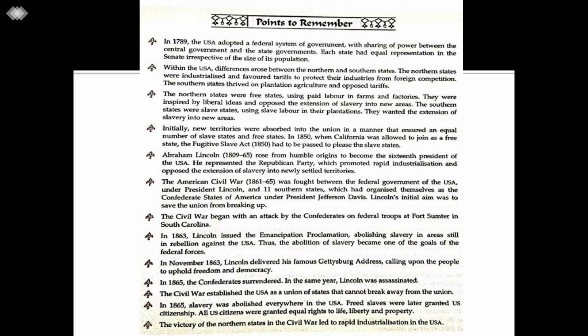Before concluding, you need to understand some of the points to remember which were included in the video previously. Go through them properly and keep all your doubts with you and ask your teacher. This is what we call a summary of the chapter. In the next slide, you will see some exercises which you need to do by yourself.